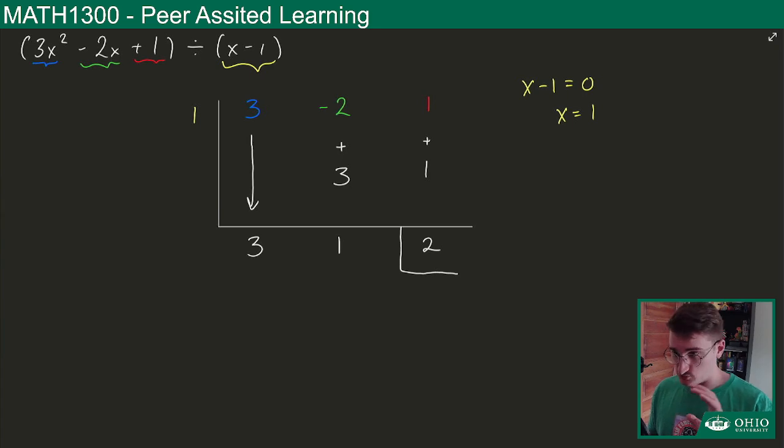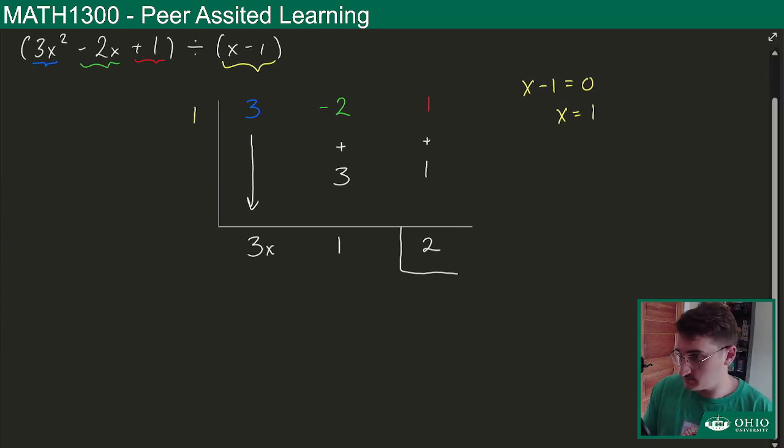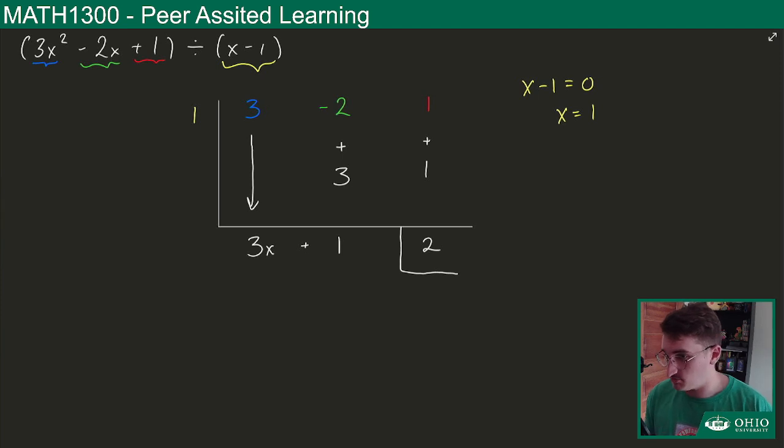So I know my resulting term will be a linear, so it'll have at most degree 1. And then I can fill in the information about that polynomial using these coefficients. So this would become 3x plus 1 with remainder 2. And so that's how I've completed the division. That's how I interpreted the table.